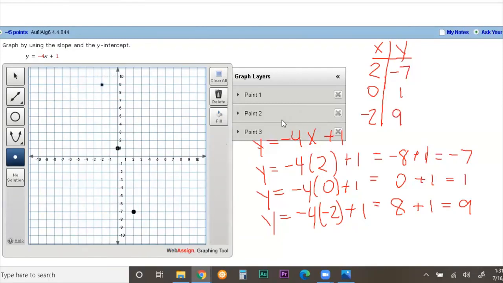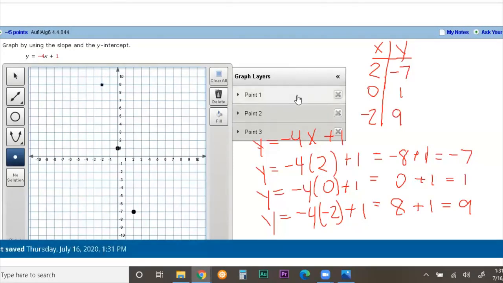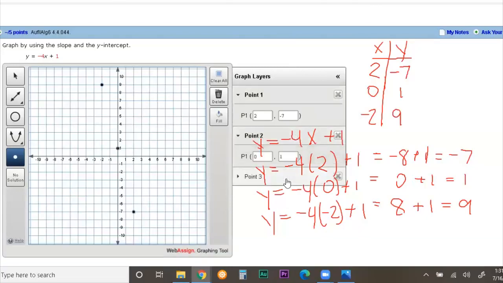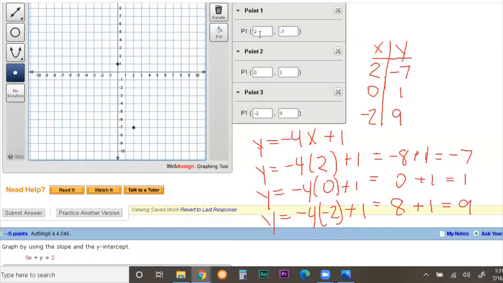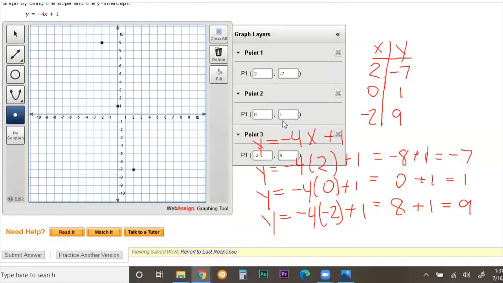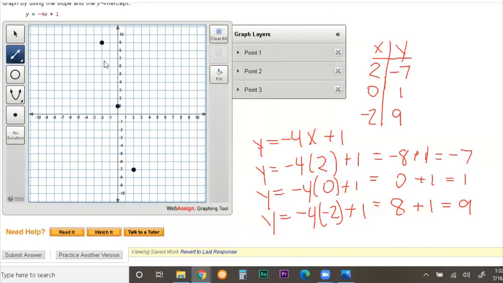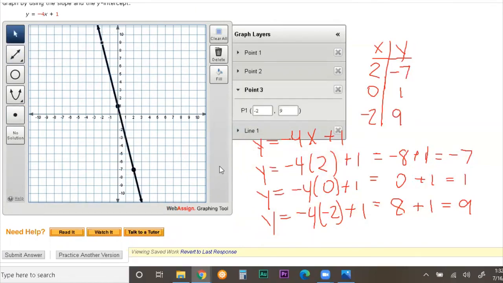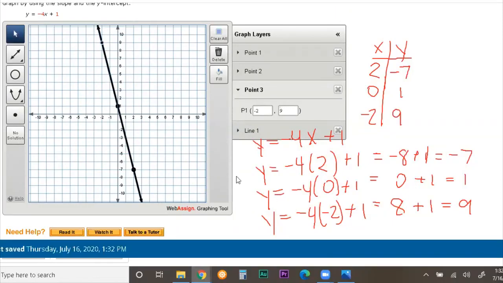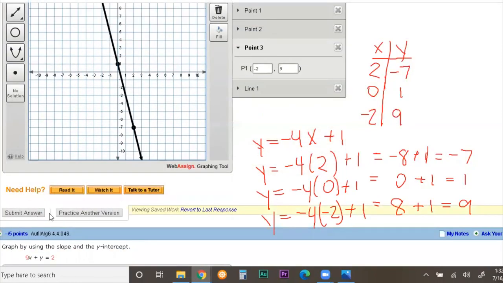Like I showed you before, you can drop these down to make sure you plotted the correct points. And we have 2, -7, 0, 1, and -2, 9, which is exactly what we wanted. With these points, all I have to do is click on my double arrow, click on the points, and it connects the line. And we hit submit.